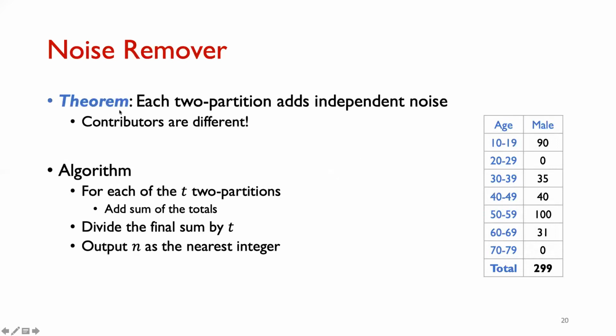In our paper, we proved that each 2-partition adds independent noise, mainly because the contributors are different. With this observation, our algorithm is simple. For each of the T 2-partitions, we sum the totals, we divide the final by T, and we output n as the nearest integer.